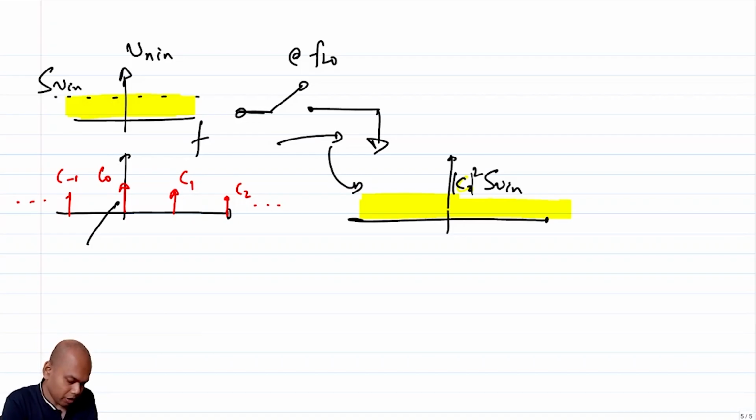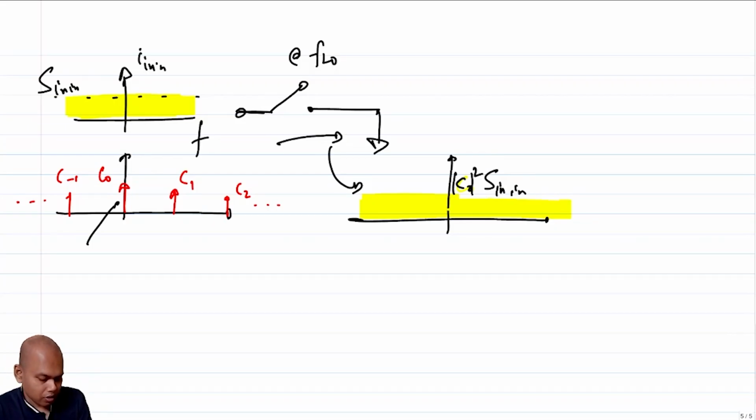If I am talking about current, let me just leave it at the current domain. So let me call this IN in. Okay, but so this would have happened because I am multiplying the spectral density with C naught squared.